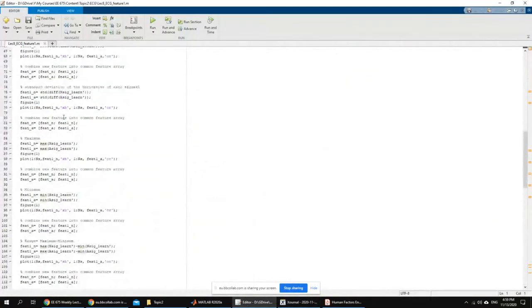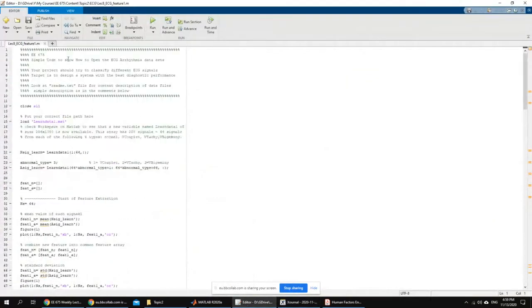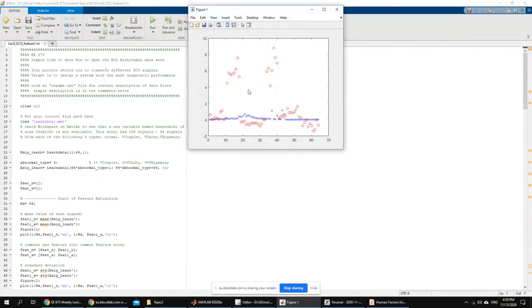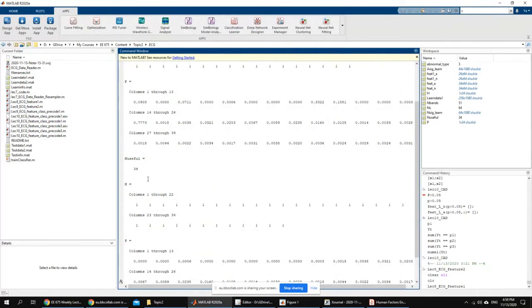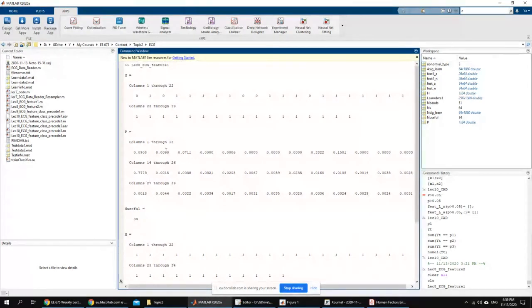Okay, so right now we're going to go back to our code. This is the code that we had last time. Maybe I can just run it again. This is exactly the code where we computed the features, looked at them, did the feature selection, and selected 34 out of 39.